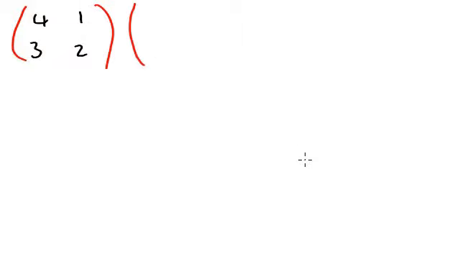Then multiply by 3, 1, 2, 1. So we are to evaluate these two matrices. Typically, since they are attached together, and there is no particular operation symbol like addition or subtraction, definitely we have to multiply them together.